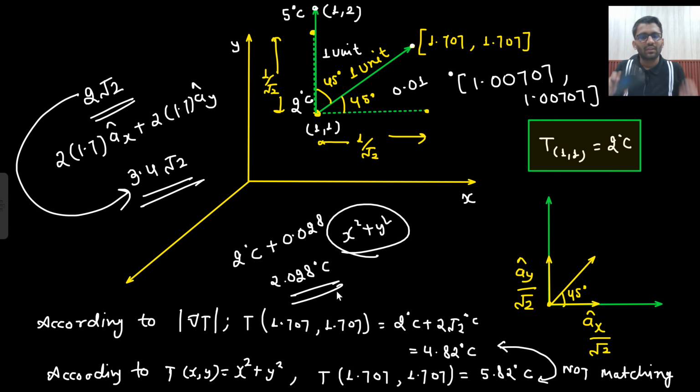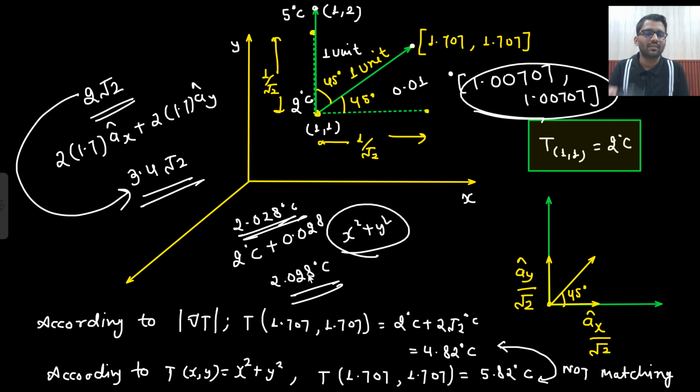Now if I put this point in the equation x square plus y square, what am I going to get? 1.00707 whole square into 2. So 2.028. Approximately I am getting the same answer.